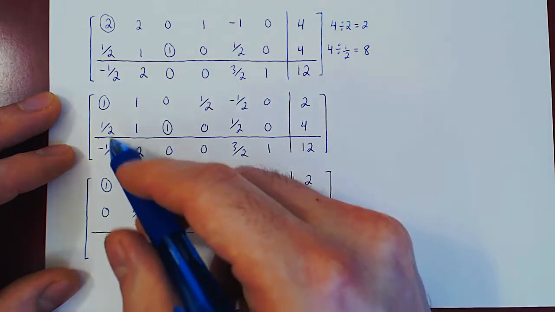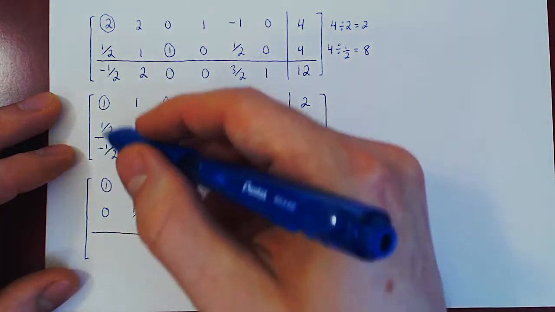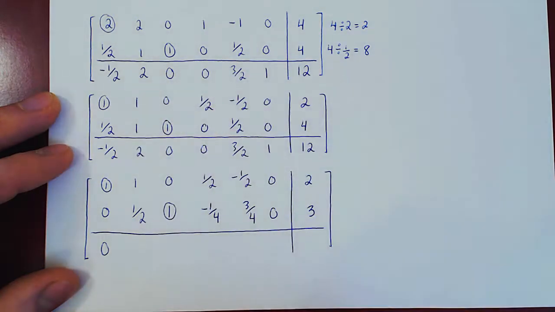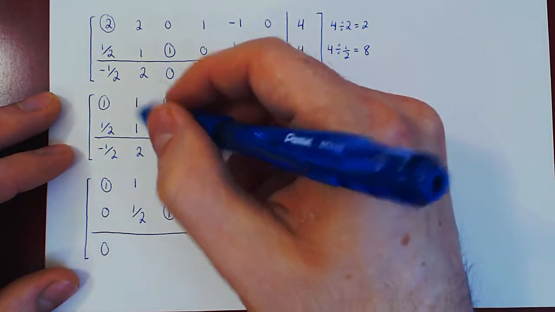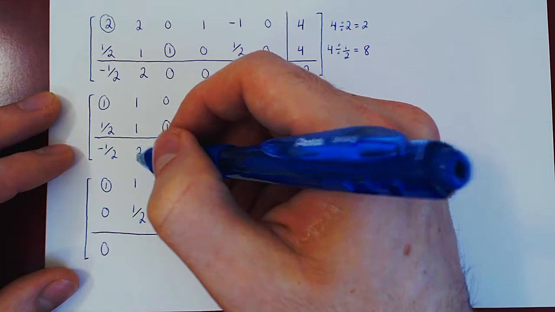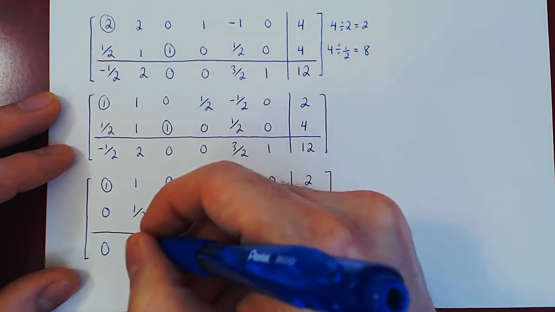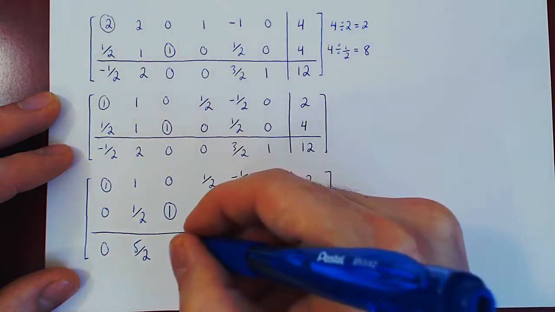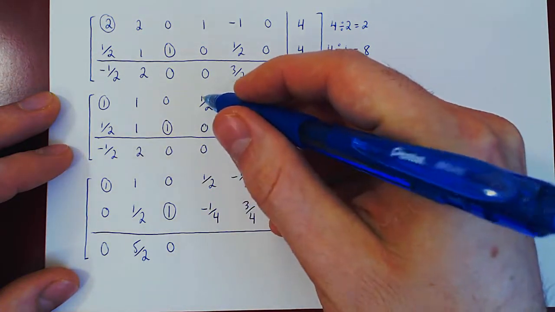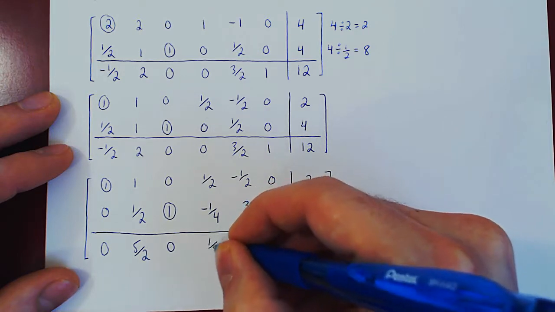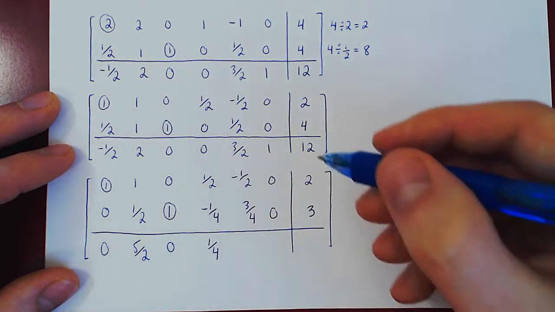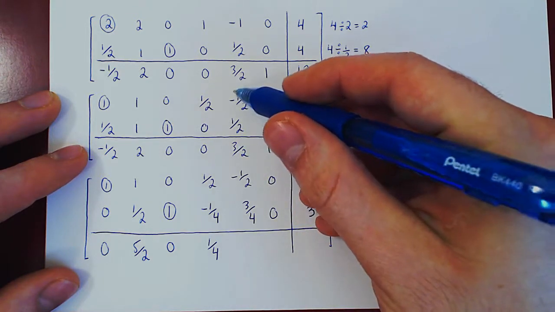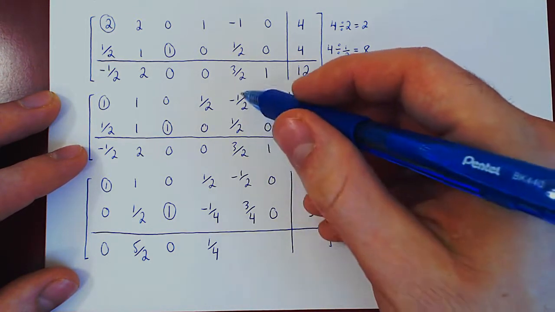Now we do row 3 plus a half row 1, so negative a half plus a half is 0. 2 plus a half times 1 is plus 1 half, but 2 is 4 over 2 plus 1 gives us 5 over 2. 0 plus a half, 0 is 0. 0 plus a half times 1 half is 0 plus 1 quarter, 1 quarter. 3 over 2 plus a half times negative 1 half is 3 over 2 minus a quarter.